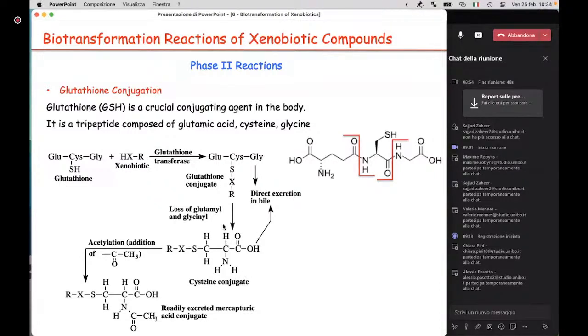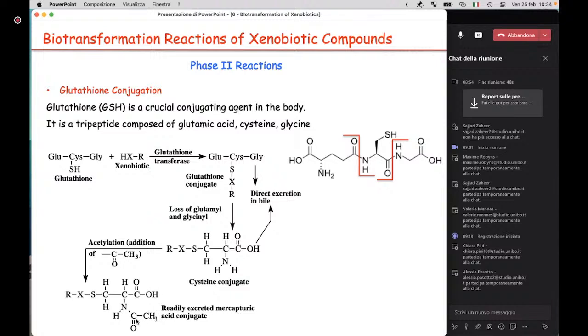And then this cysteine conjugate can undergo another phase 2 reaction, which is the acetylation reaction. So the addition of a CH3CO group, this is the acetyl group, okay?